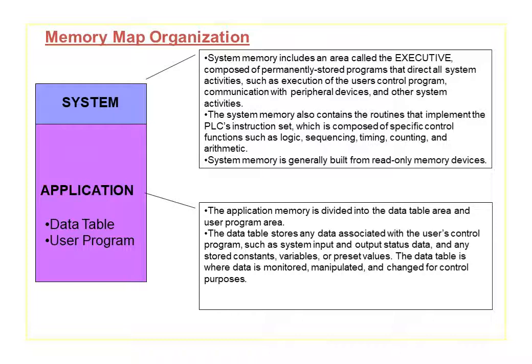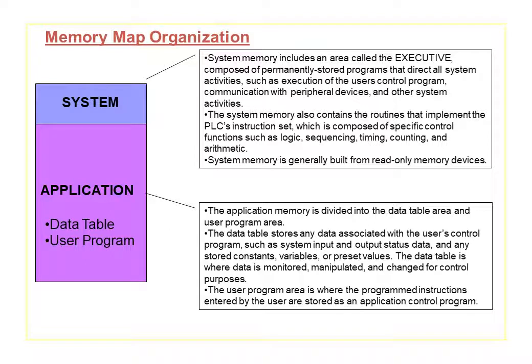It can have some stored constants. It can have some variables or preset values. The data table is where data is monitored, manipulated, and changed for control purposes. The user program area is where the programmed instructions entered by the user are stored as an application control program.